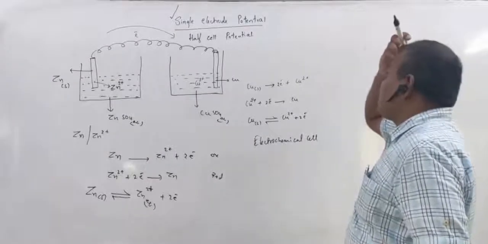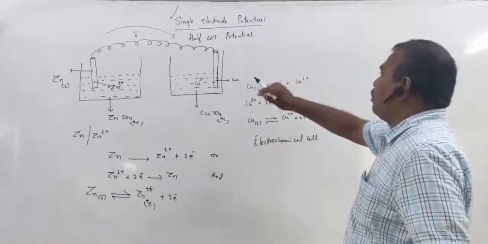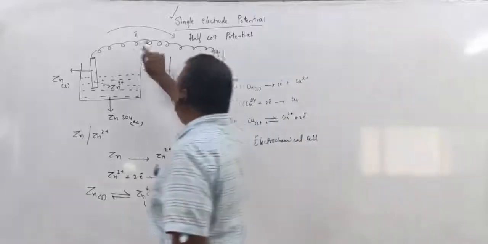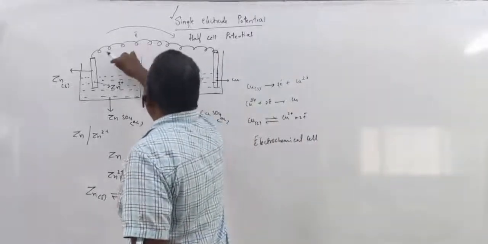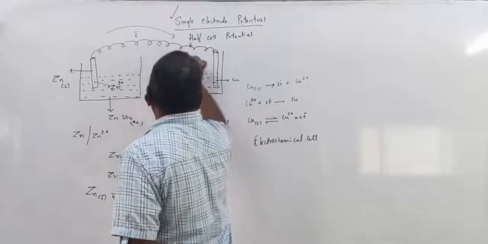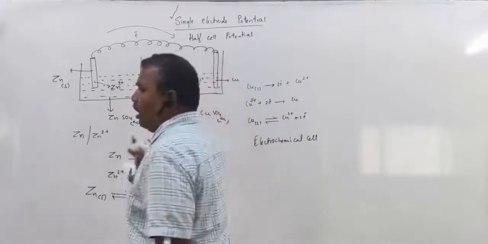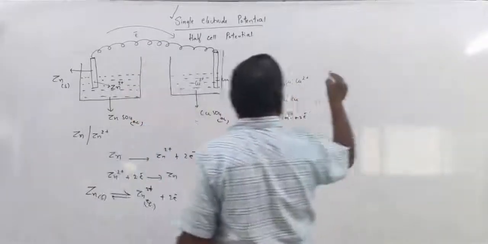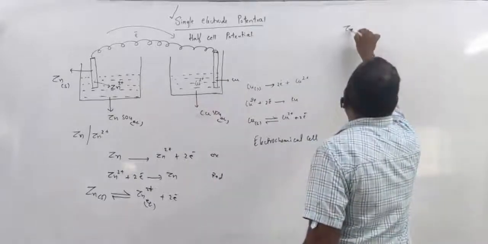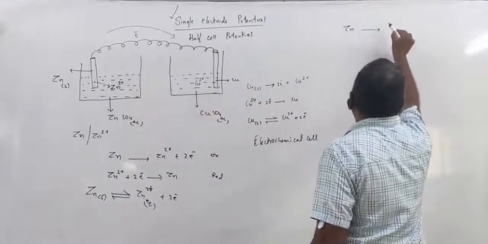So, when these two half cells are connected together, it is an observed fact that electrons spontaneously flow from the zinc rod to the copper rod. Therefore, at the zinc rod, only this reaction takes place.